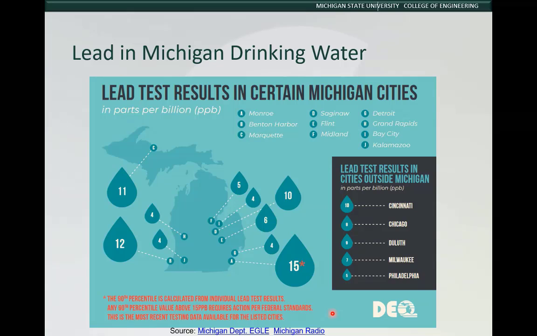And what you see is that a significant number of cities, both in Flint and outside of Flint, have action levels or 90th percentile levels that are alarmingly high, which means that there's the potential for people to be exposed to lead in their drinking water.